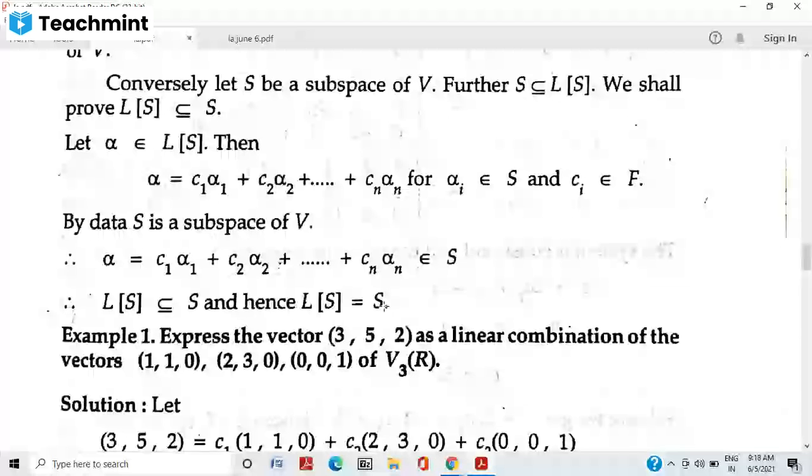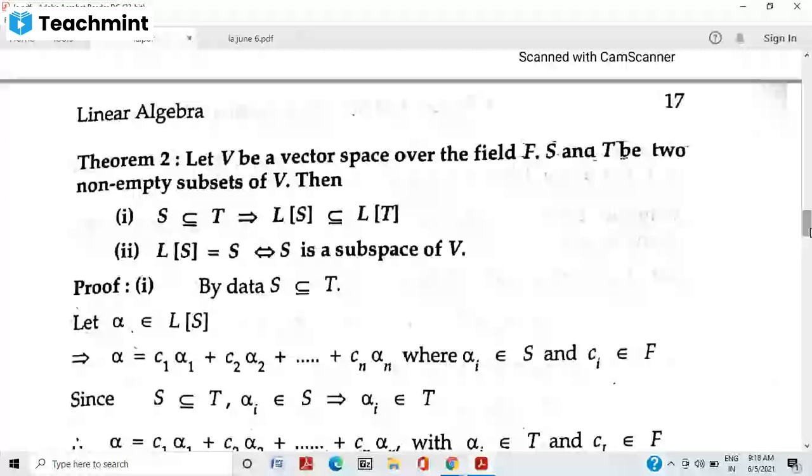Okay, the second part alone I will discuss. In the second part, what we have to prove is that L of S equal to S if and only if S is a subspace of V. First we assume that L of S equal to S. Since L of S is a subspace of V, S also is a subspace of V. Then we got the necessary condition.